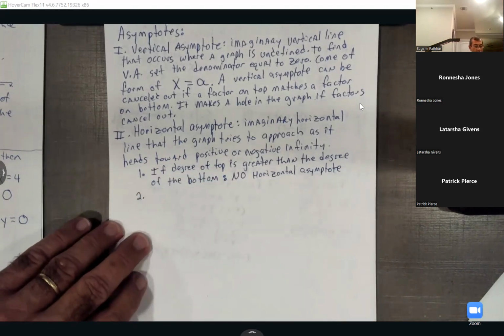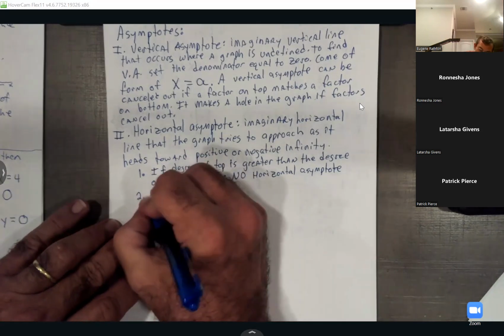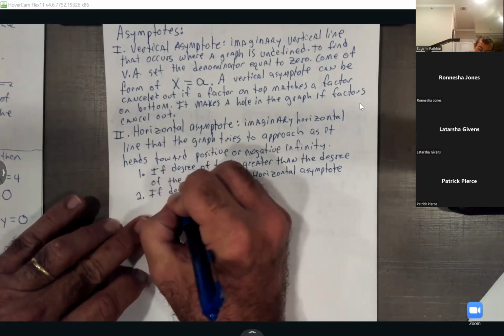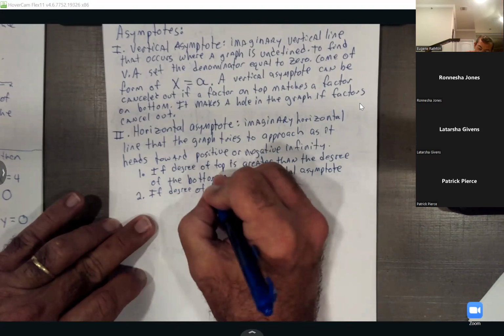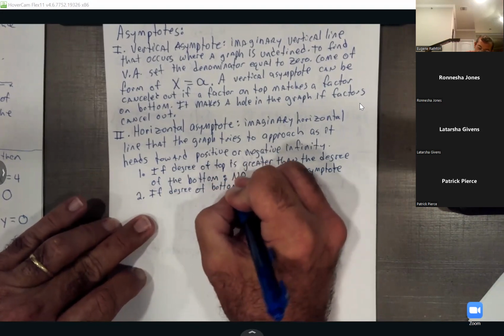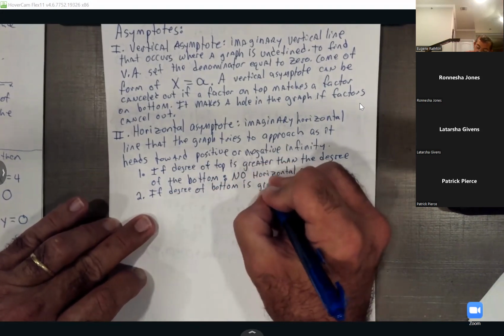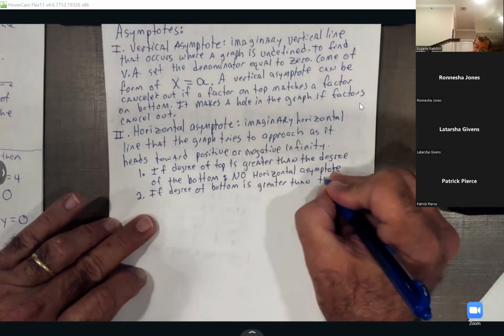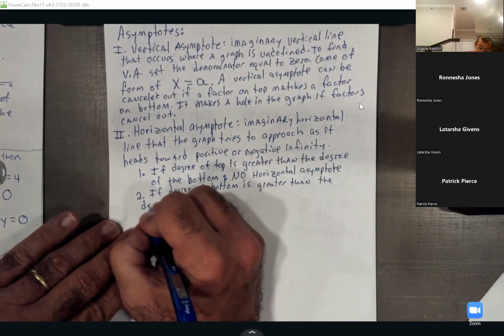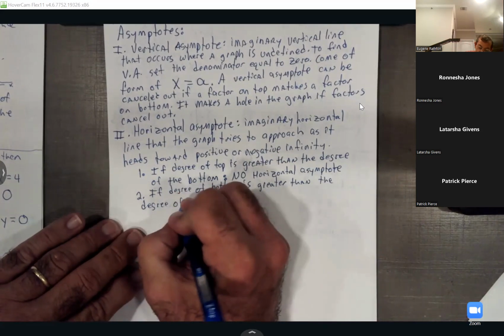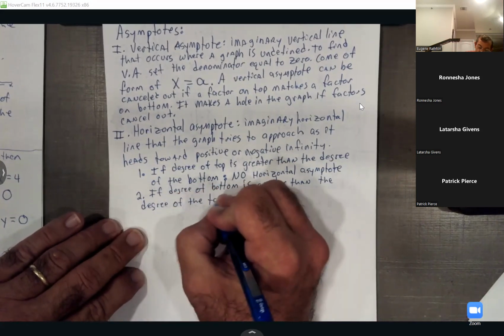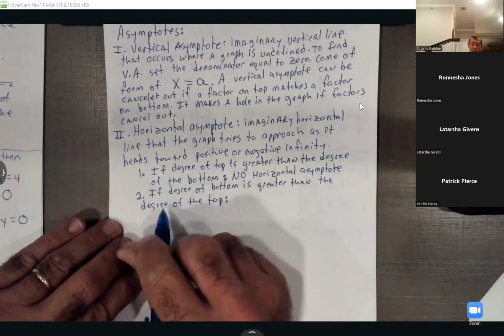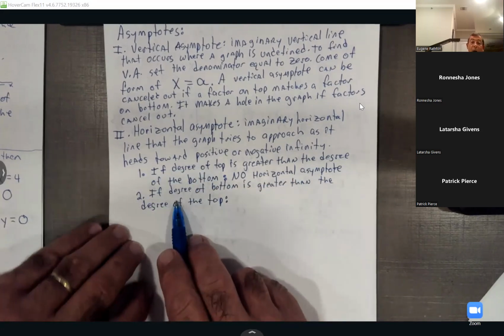Second case, what if the degree of the bottom is greater than the degree of the top? So number 1 was top heavy, number 2 is bottom heavy.